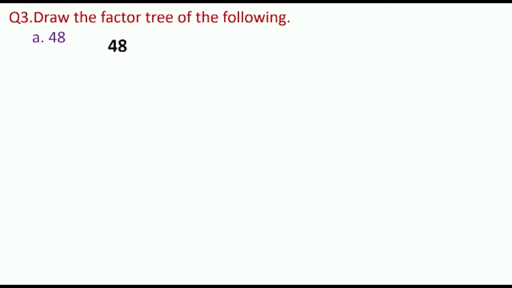This 48 can be divided by 2 as in the units place it has 8, and 8 is an even number, so it can be divided by 2. So let's divide it by 2. Write here 2, and when it is divided by 2, you will get 24.